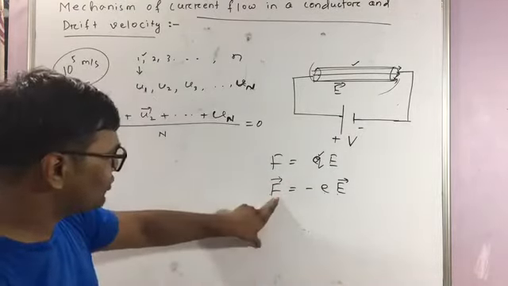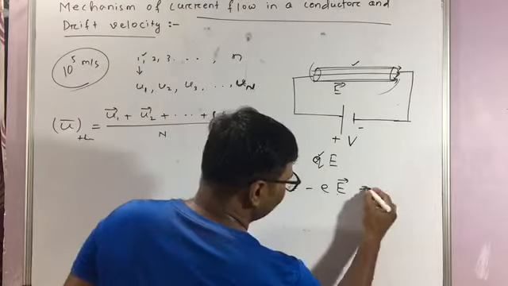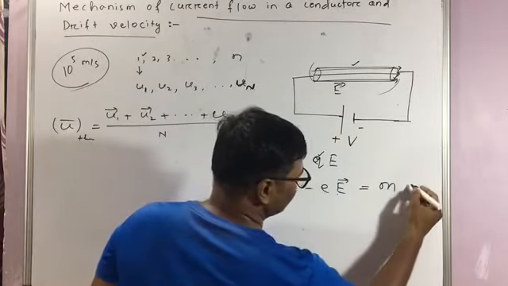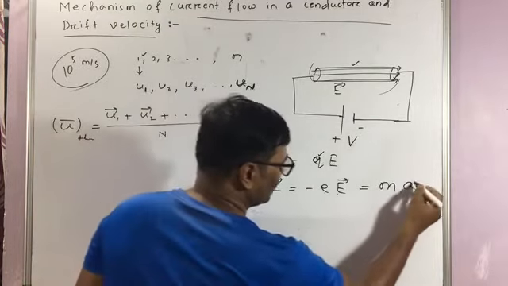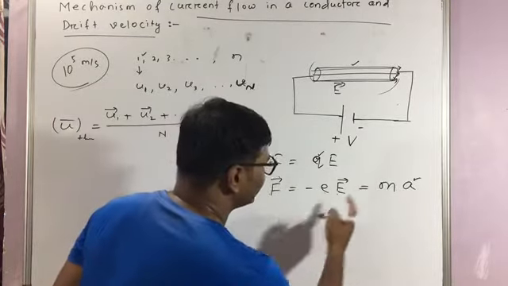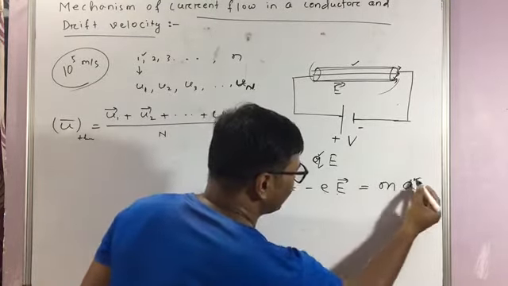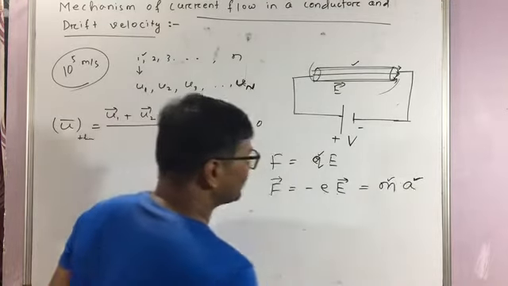And this force because of the field can accelerate the electron, and we can write it as m into a. Here m is the mass of the electron and a is the acceleration of the electron.